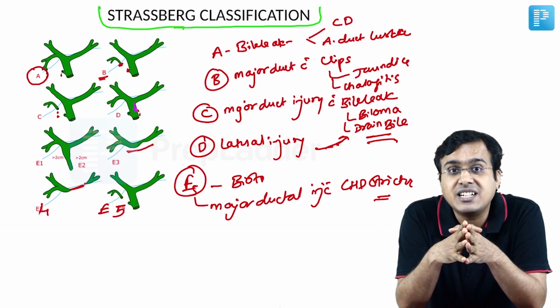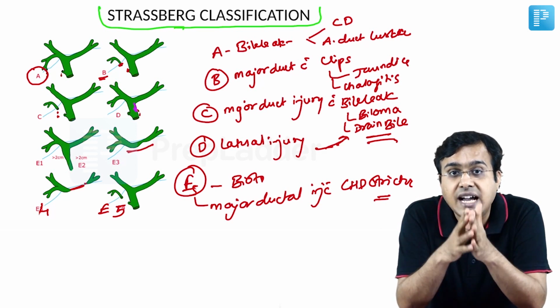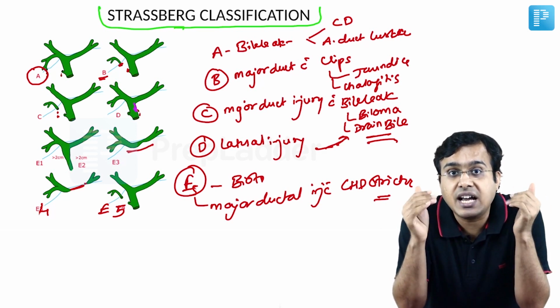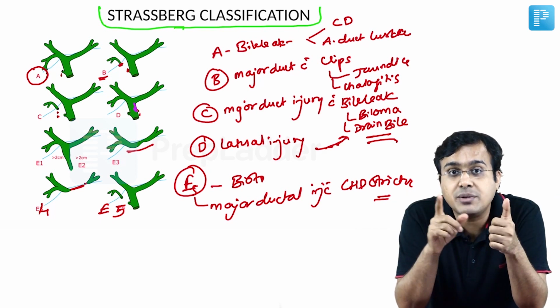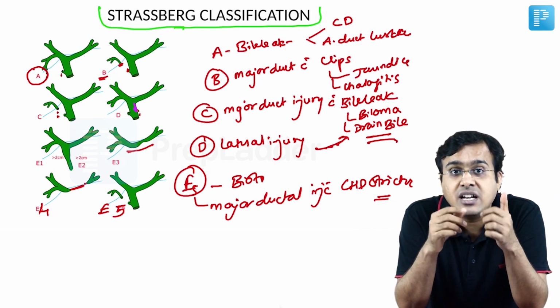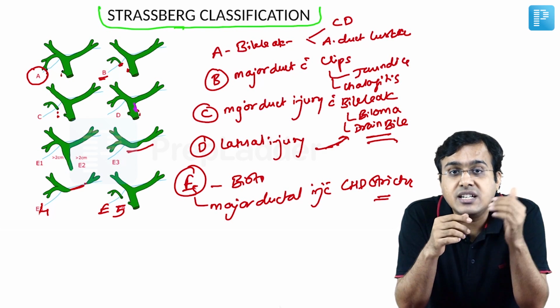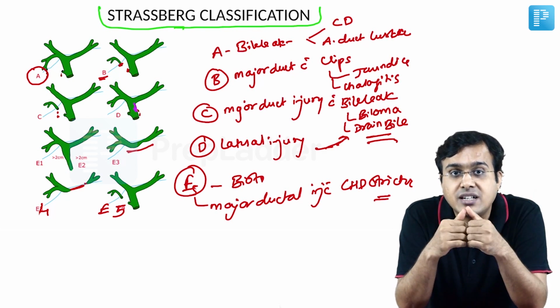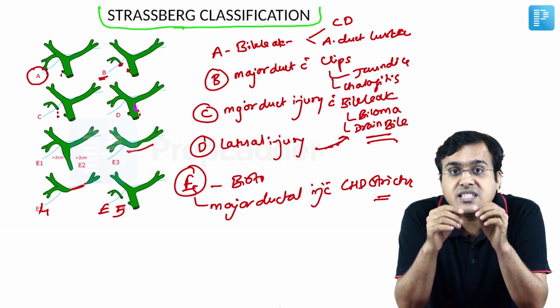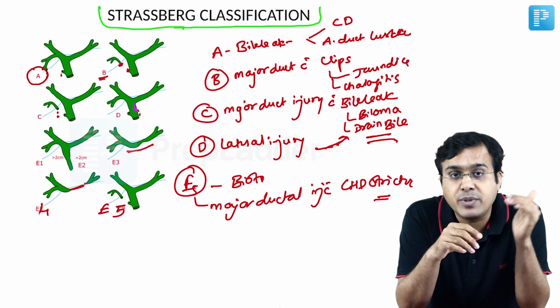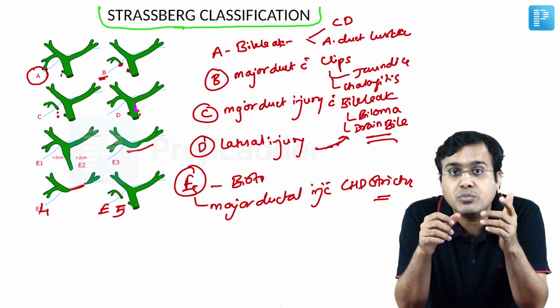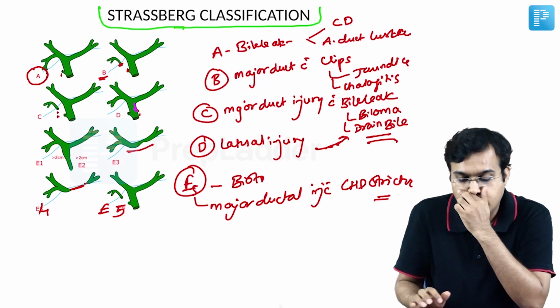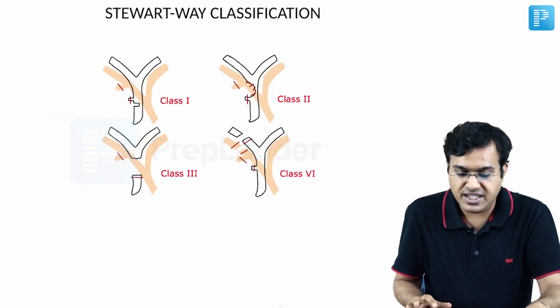E4, it is the stricture at the hilum in which right and left are discontinued. There is a stricture in between right and left hepatic duct. The confluence is strictured, leading to separation of right and left hepatic duct. And lastly E5, these are actually complex injuries in which a major duct along with the common hepatic duct are both strictured. Okay, so that is the Strasbourg classification of bile duct injury.